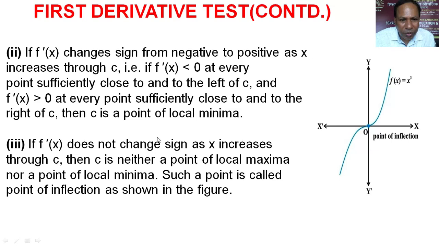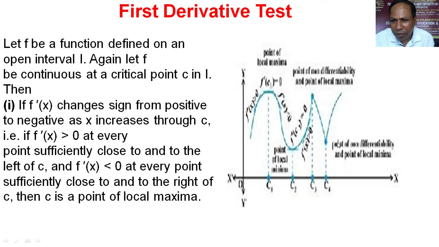We have already discussed this. If f dash x does not change sign as x increases through c, then c is neither a point of local maxima nor a point of local minima. Such a point is called a point of inflection, as shown in the figure, and also in the previous figure we find that this is a point of inflection.